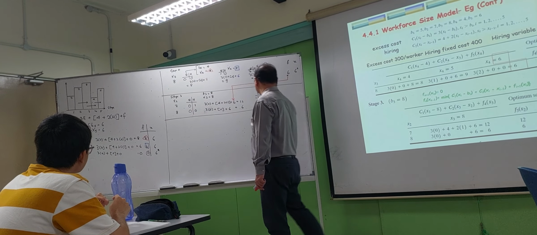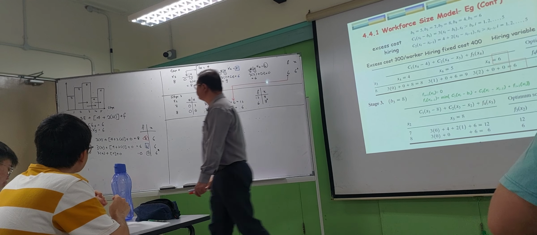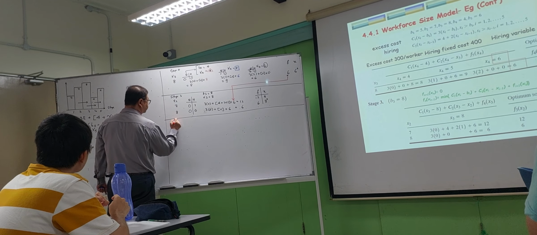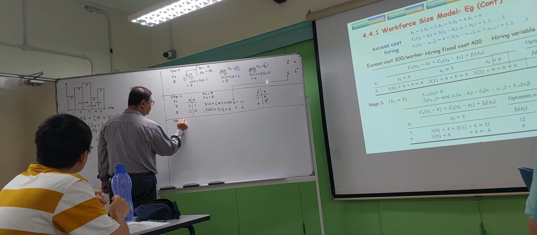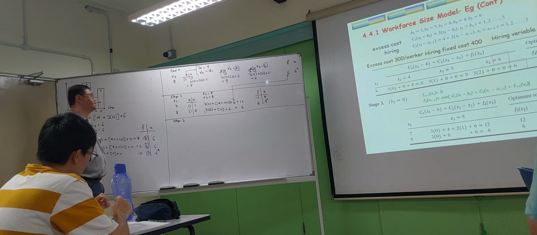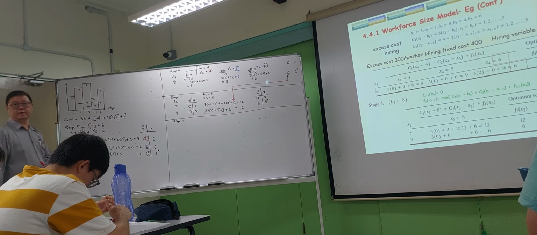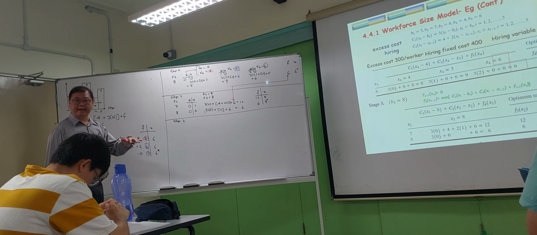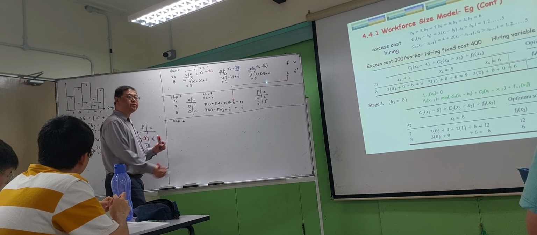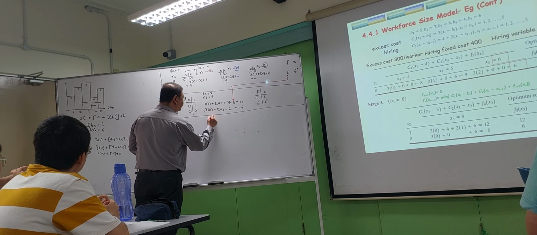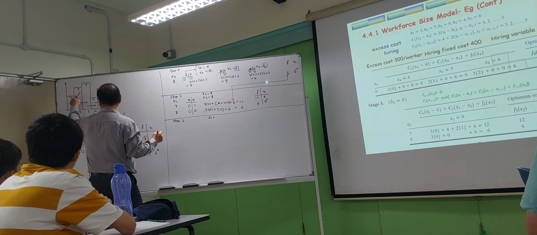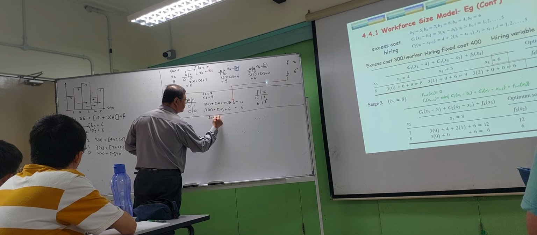Now we are going to move into something more complicated. Stage 2. So once you move into next step, what you do? Stage 2, we note down B2. B2 is what you need, 7.